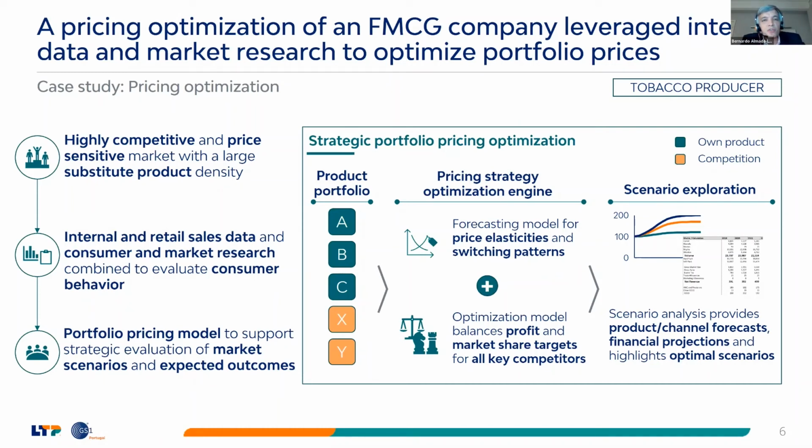And it's interesting because we include here game theory. So we try to include in our models, whenever we change a price, how is our competitor going to react? And we include that behavior into the model to be more realistic. And this, of course, allows us to do a lot of scenario exploration.